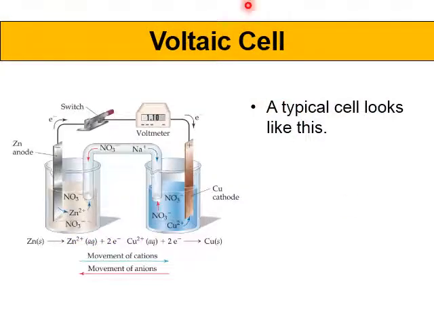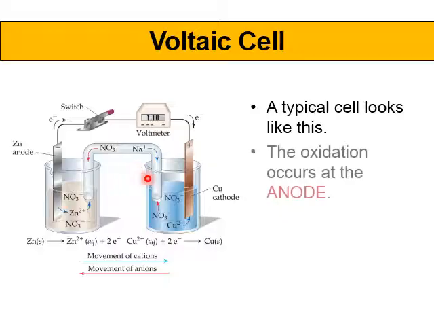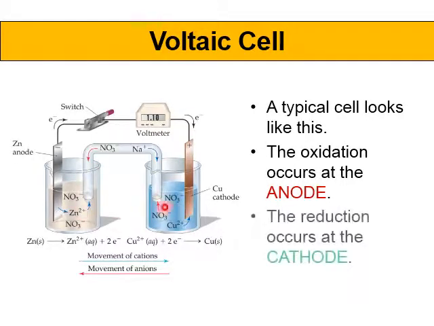This is the real structure of a voltaic cell, where you have two different electrolytes and two different strips, either anode or cathode. You also have a voltmeter here, and a wire connecting these two strips. And not to forget, you have this U tube known as the salt bridge, which connects both electrolytes.